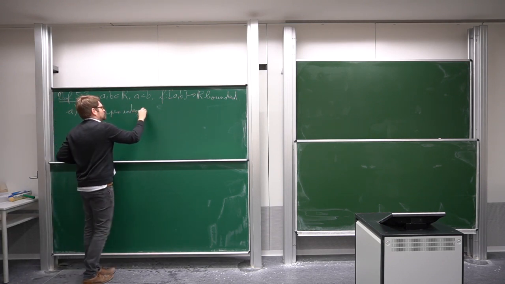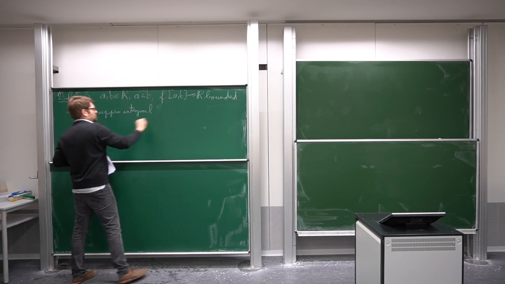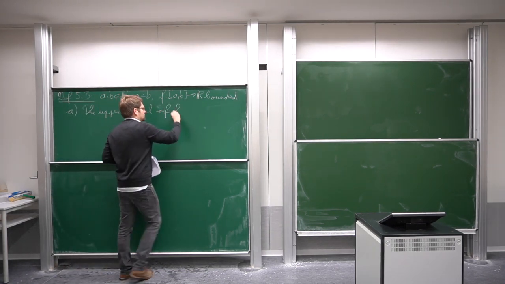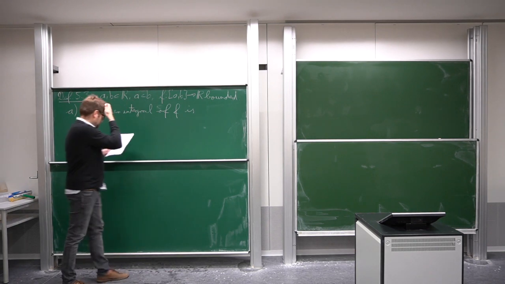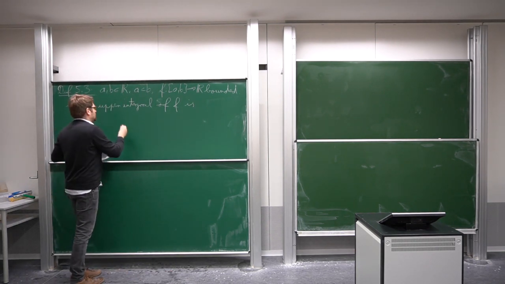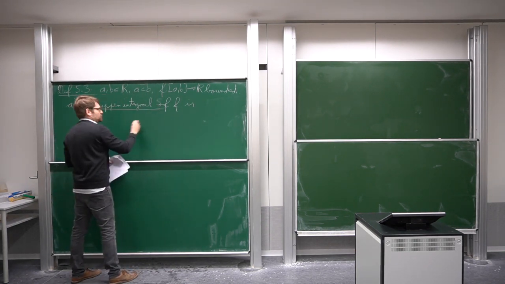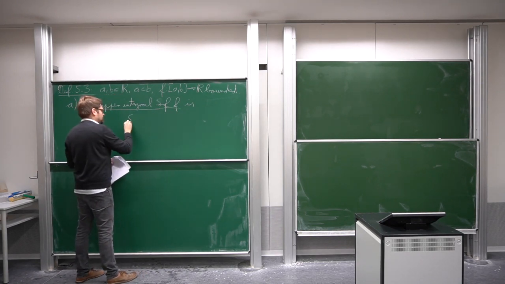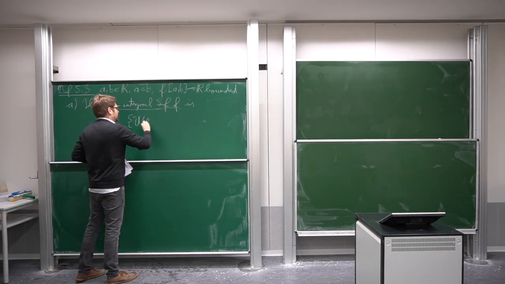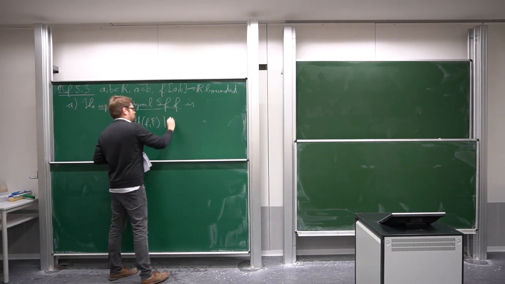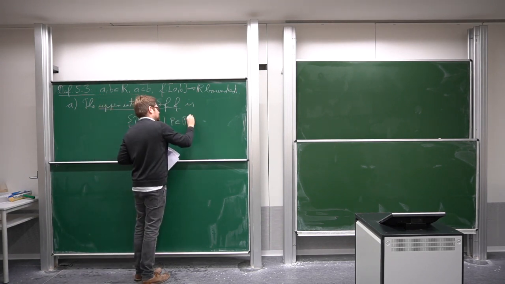For the upper integral of f, we take all possible upper sums, so for all partitions. This means we take the set U of f,P, where P is any partition of [a,b].